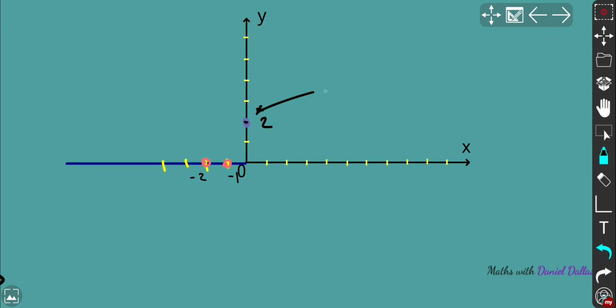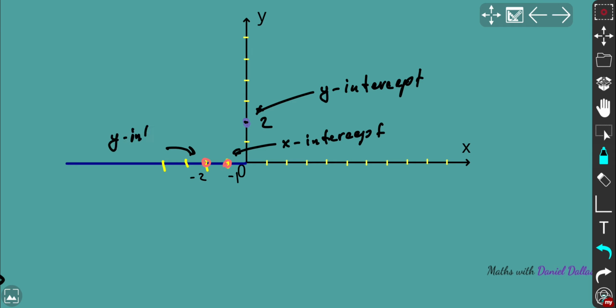So right now I just mark this as the y-intercept and those 2 points as the x-intercepts. I just mark them like this: x-intercept and y-intercept.